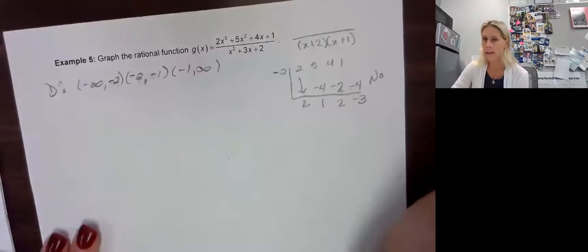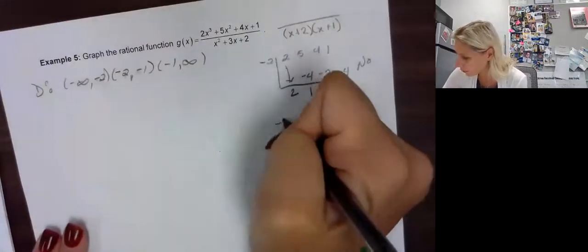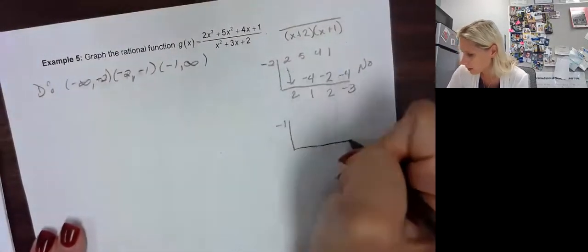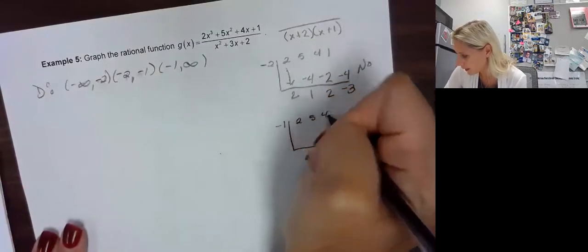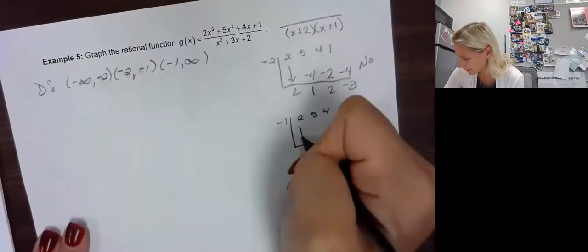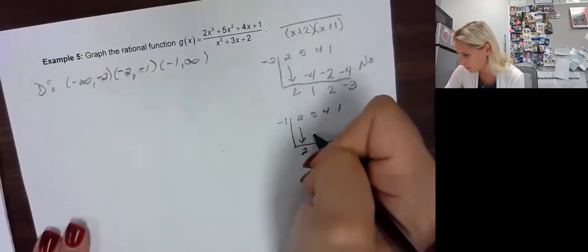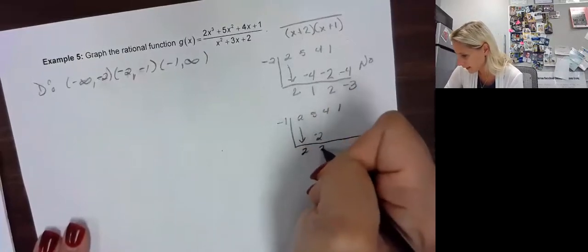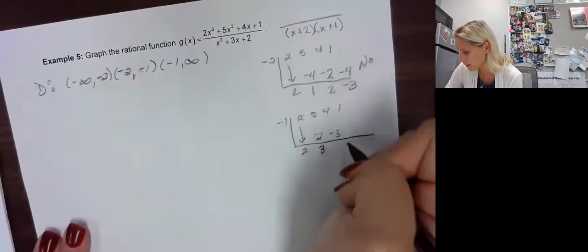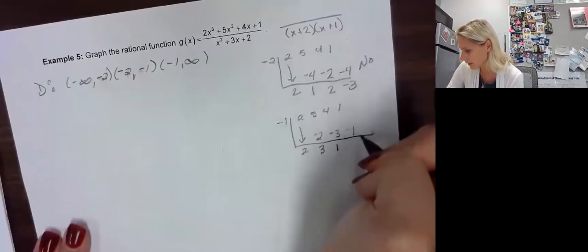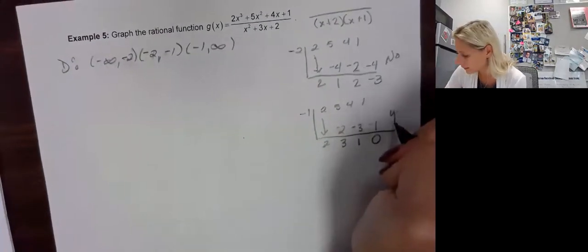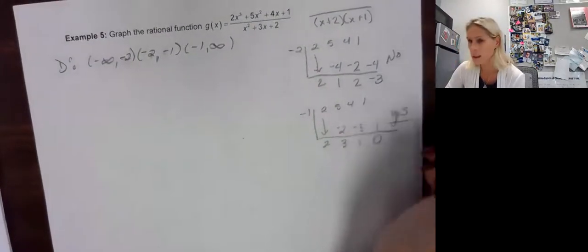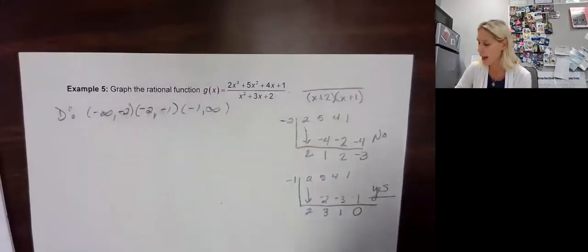So let's see if we can do the other one, -1, with 2, 5, 4, and 1. So bring down, multiply, add, multiply, add, multiply, add. So yes, this worked.